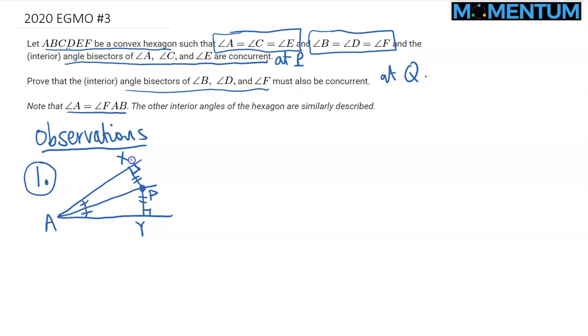So triangles AXP and AYP are clearly congruent triangles, and boom. So there is nothing to prove. Awesome. So that was our first observation.